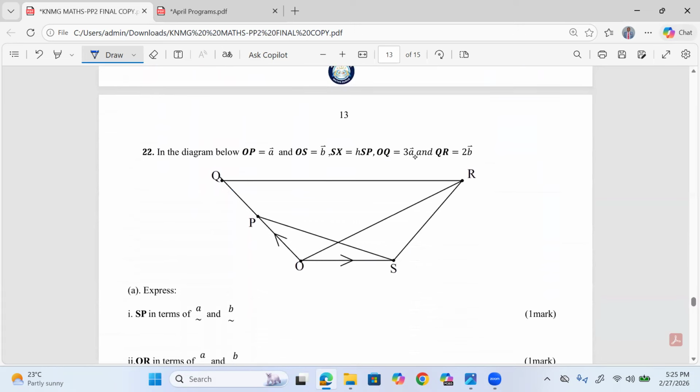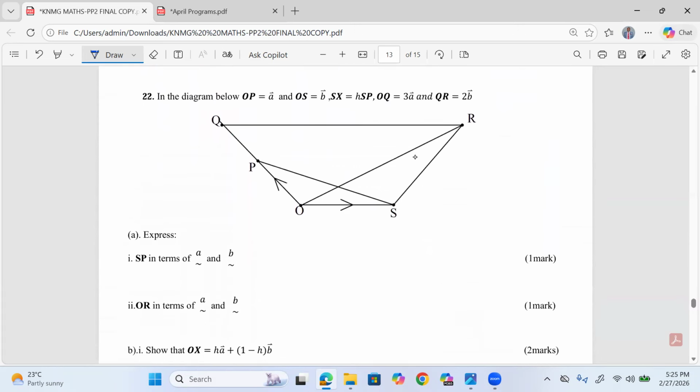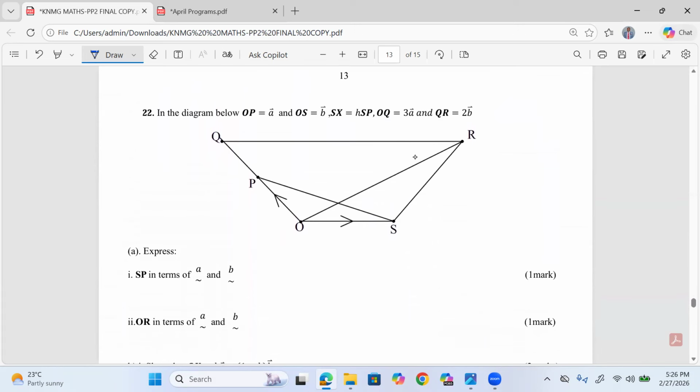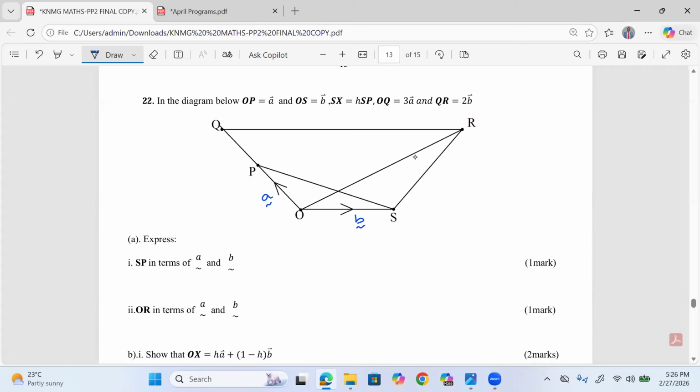Number 22, a question on vectors. The diagram below, OP equals vector A, and OS equals vector B. This is vector A. This is vector B. Then SX, X is this meeting point. SX equals H multiplied by SP, the whole vector there.